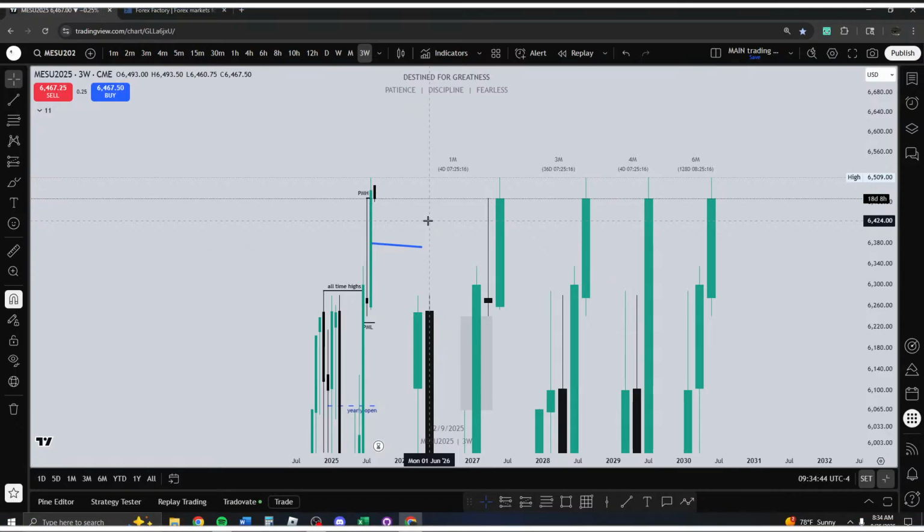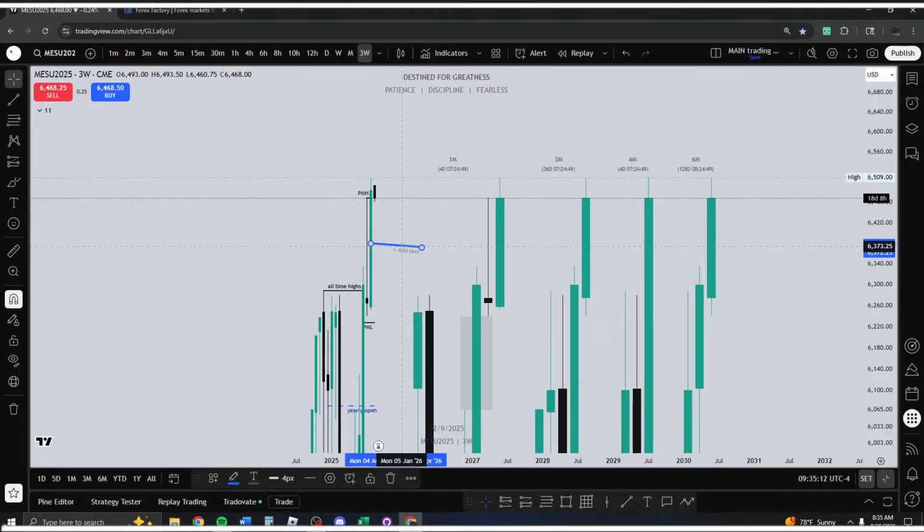I would anticipate that we should take out the 3-week high within the next 3 weeks in order to create new all-time highs, right? And so I have a higher time frame order flow. I have a general idea of what price wants to do on the 3-week time frame.